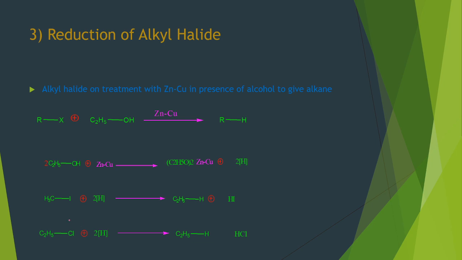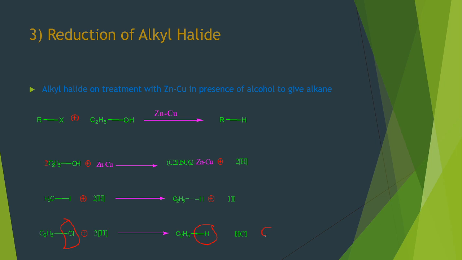Also the same thing: we have to replace this halogen atom, the chlorine atom, with a hydrogen atom. Therefore, when we replace this chlorine by hydrogen, C2H5 will be converted into C2H6.